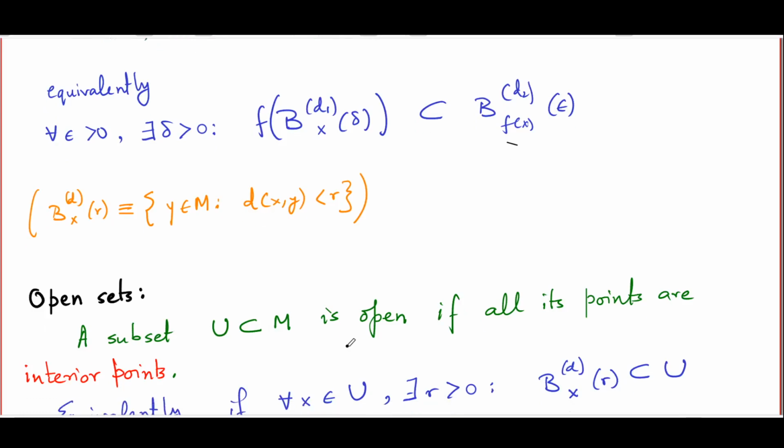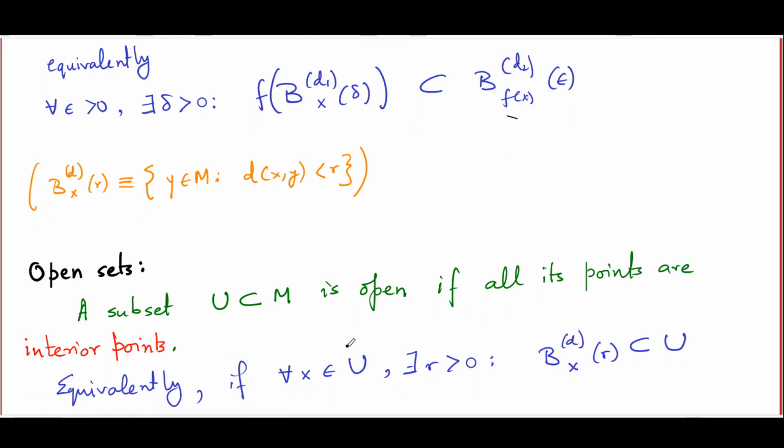In other words, if for every point x belonging to U, there exists some positive radius r, such that the open ball of radius r centered around x is entirely contained within U. This last thing is what you mean when you say the point x is an interior point. What we are demanding here is that all points are interior points, so that for every point in an open set, you can place an open ball centered around that point entirely within that open set.